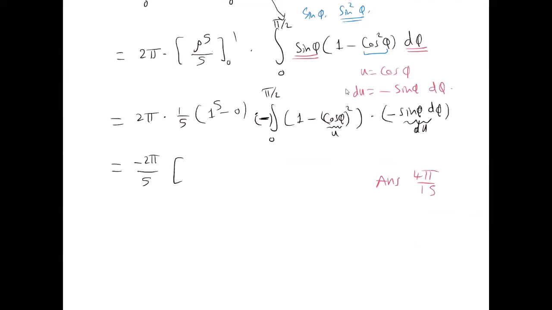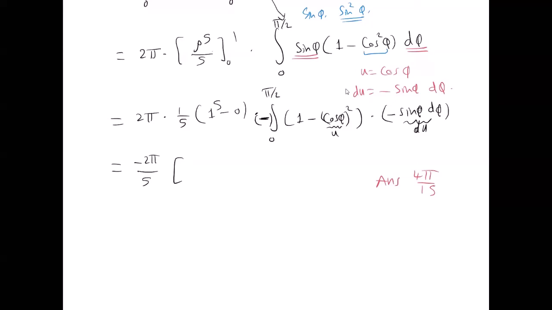What is the integral, Shahab? To make the substitution, u is cosine phi. So 1 minus u squared, and we need a minus sign. What is the integral of 1 minus u squared du?